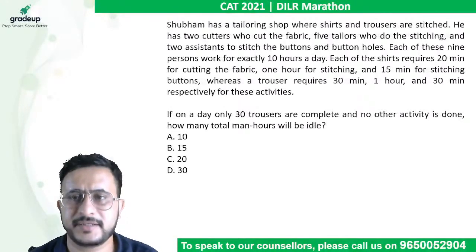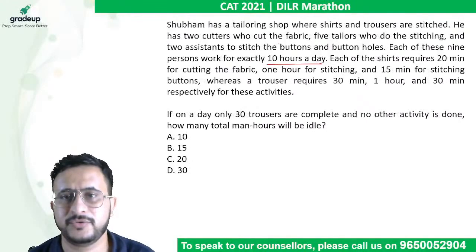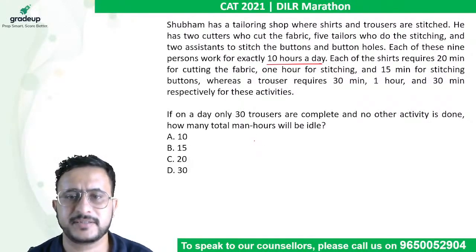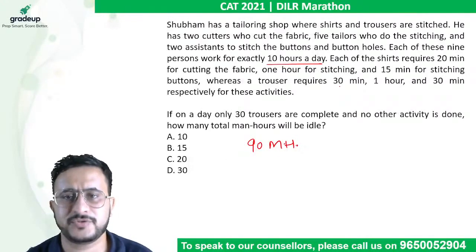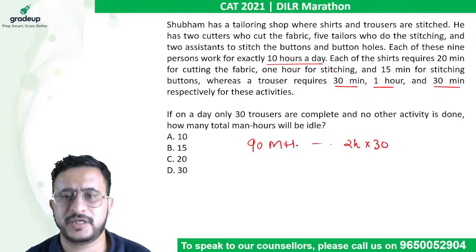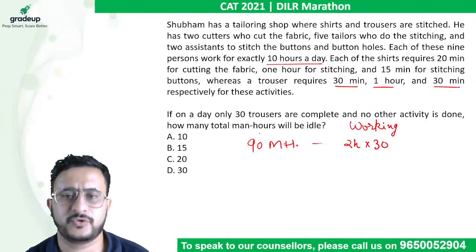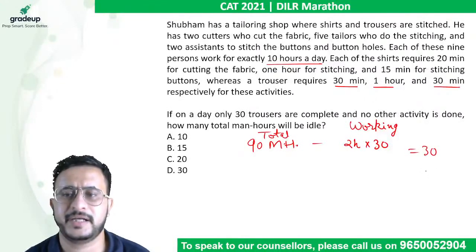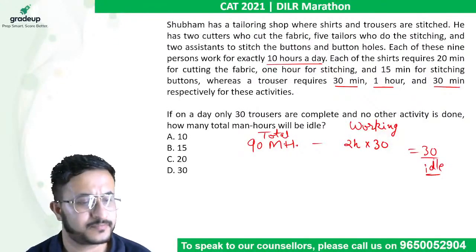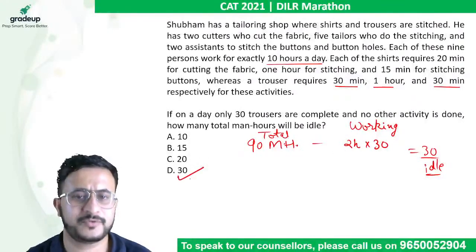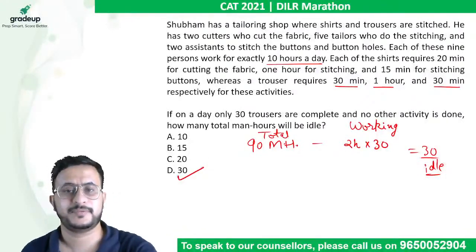Total man hours are 10 into 9, 90 man hours. ठीक है, एक ट्राउजर में कितना लग रहा है, 1, 15, 30, so 2 hours into 30 trousers, so this is working time, and this is total time 90 minus 60, that is 30 will be the idle work hours. That was an easy one.